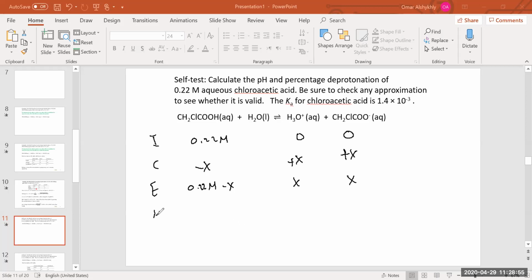K equilibrium, which is the Ka, equals x squared divided by 0.22 minus x. Now, we need to see if we can ignore the x or not. We will compare the Ka with the 0.22 molar.